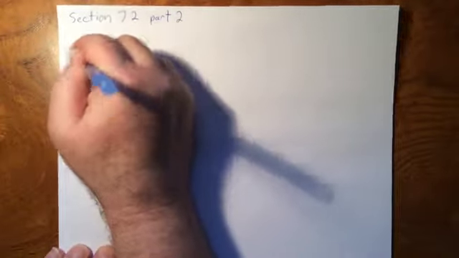Let's go forward then. We did problem 23 last time. We're going to go ahead and do problem 27. This one is going to have quite a bit of factoring in it. So here we go.